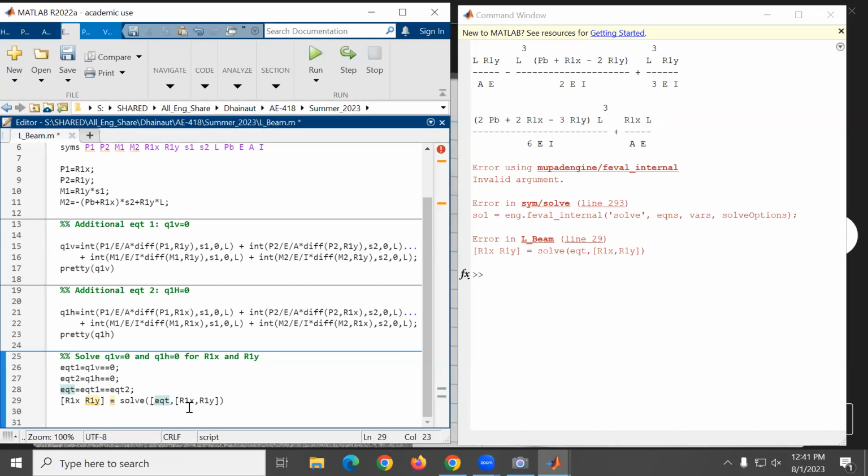I just did Q1V equals 0 and then Q1H equals 0. So Q1V equals 0, double equal, and Q1H equals 0, close bracket.